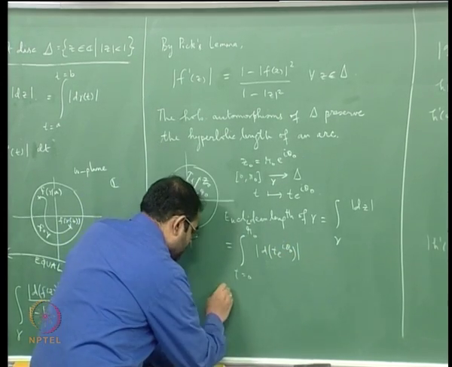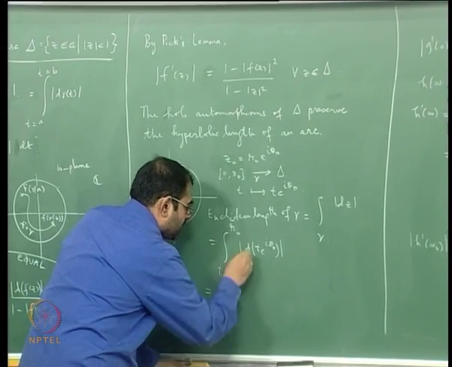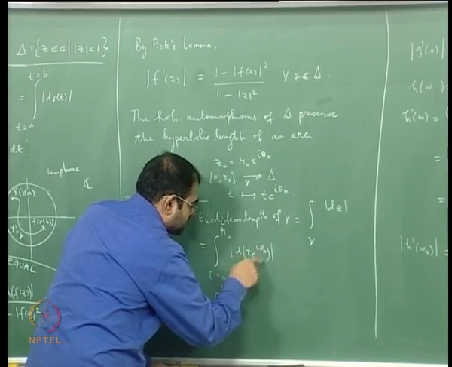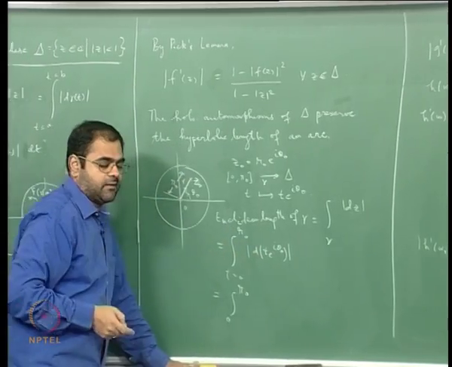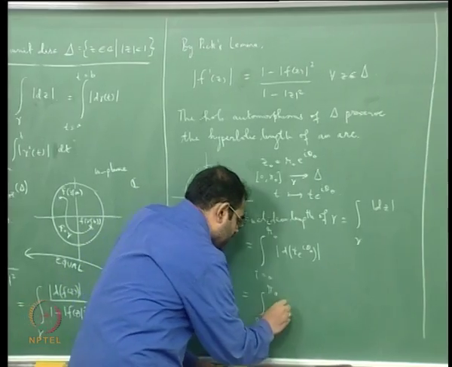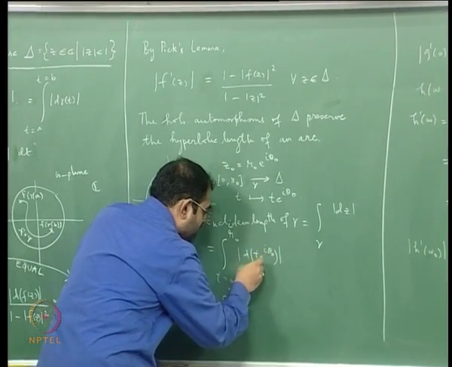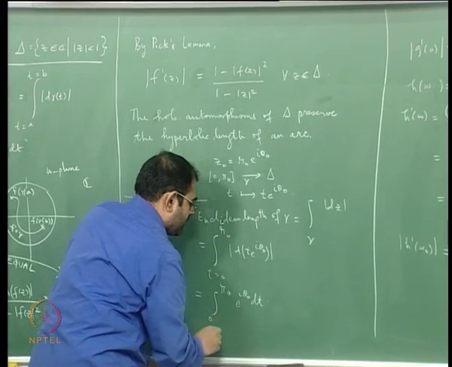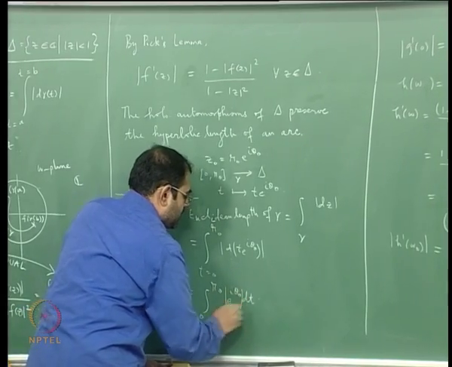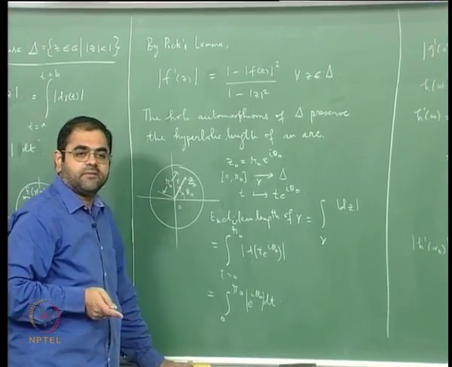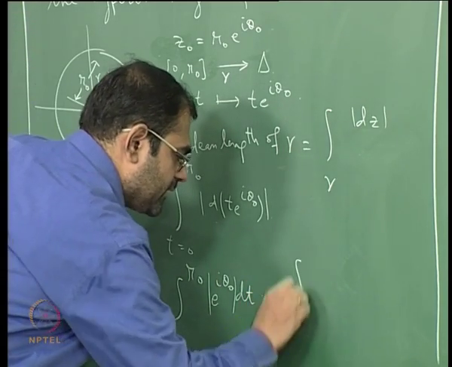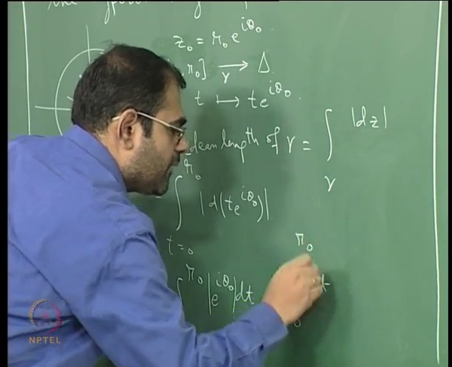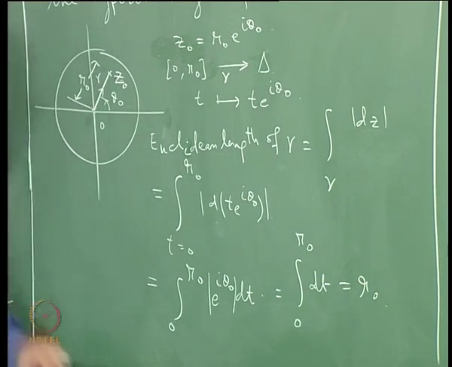Differentiating with respect to t gives e power i theta naught dt, and of course mod e power i theta naught is 1, so I simply get the integral of dt from 0 to r0, which is r0, what I expect. The length of this straight line segment from 0 to z0 is r0, the Euclidean length.